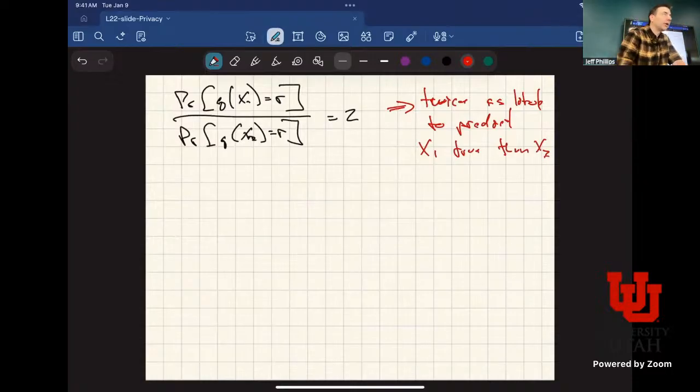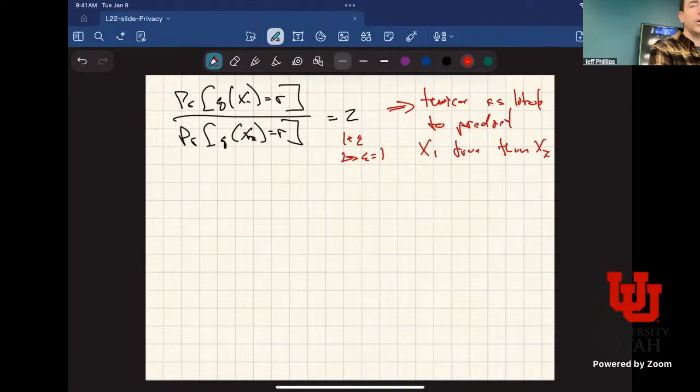Think of this as 1 plus epsilon, so epsilon equals 1, which is 1-DP. Then I'm twice as likely to predict data at x1 over x2. This is still kind of okay. Maybe 2/3 of the time I predict x1 and 1/3 of the time I predict x2, but I'm not that sure about it.